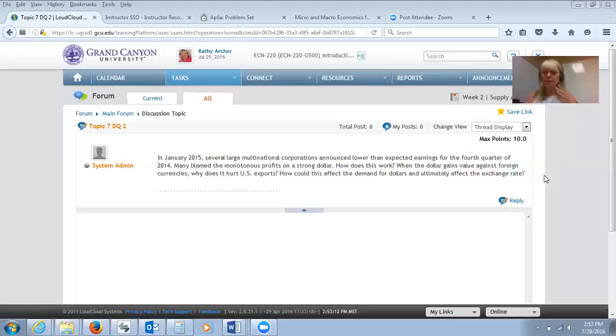So that supply and demand finds an equilibrium price for every currency, just like in any other market. It's looking for that spot where quantity supplied is equal to quantity demanded, and that price where quantity supplied equals quantity demanded, that's your exchange rate.